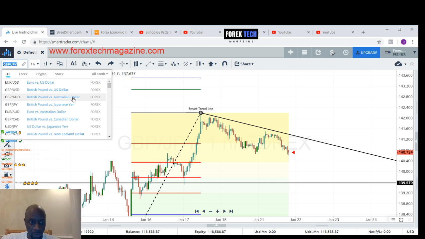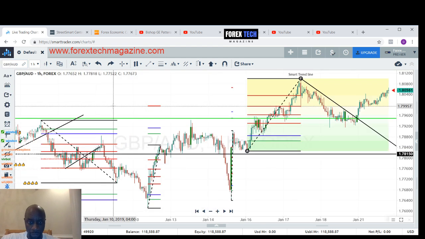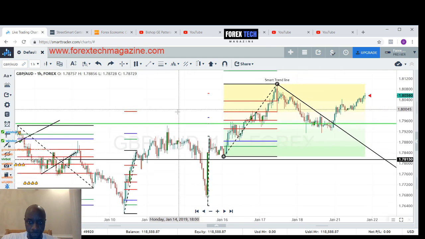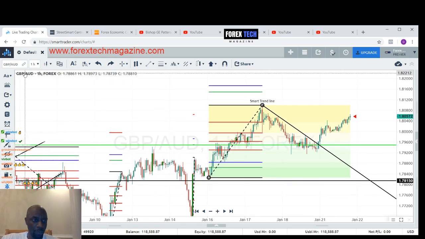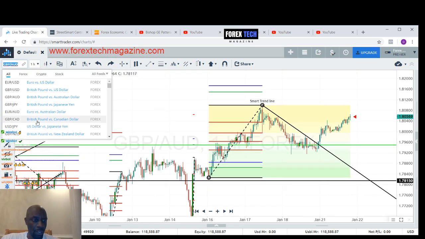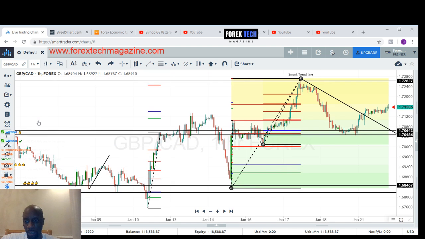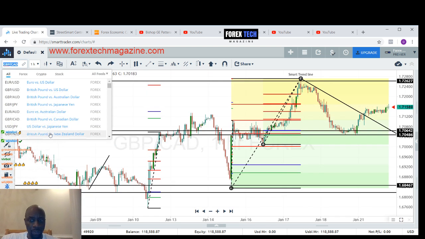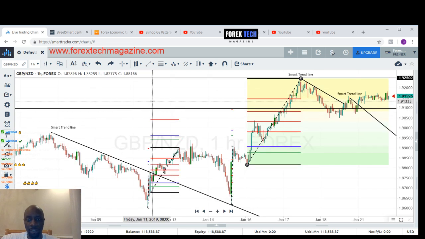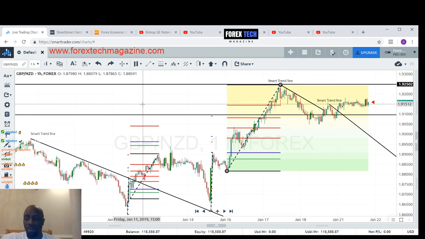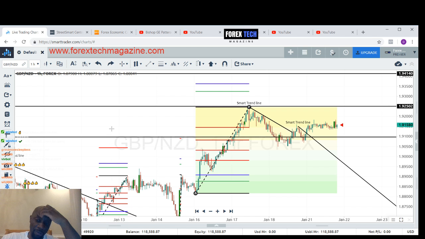So let's look at, that's pretty much it for our pairs right now. Like I said, there's certain ones in here that look good. I like this one right here. If you want to trade Great Britain pound, Australian dollar, that looks pretty good. Great Britain pound, Canadian dollar is in the buy zone. And the Great Britain pound, New Zealand dollar looks like it could be in the buy zone too as well. The Canadian dollar and the New Zealand dollar, because they're kind of trading sideways, just be very cautious, right?